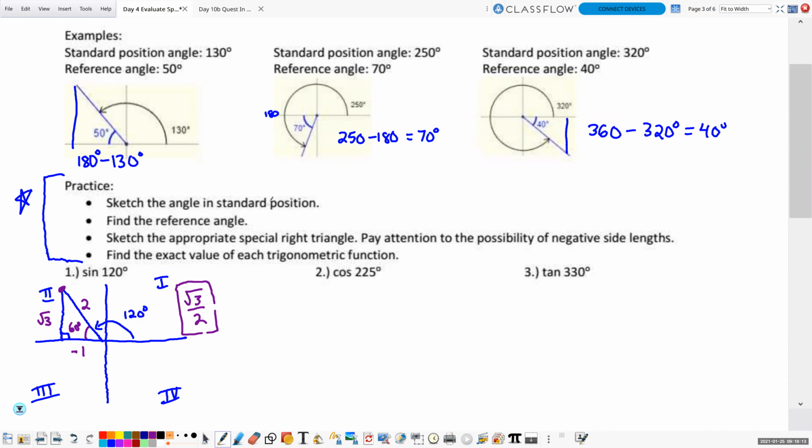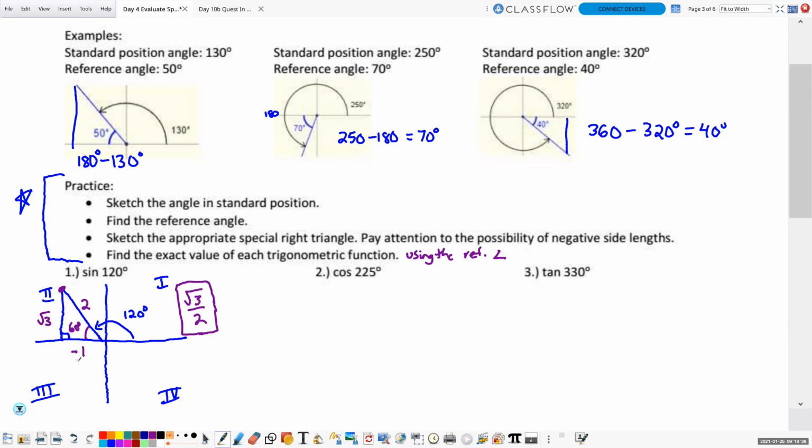Step 1, sketch the angle in standard position. Step 2, find the reference angle. Step 3, draw the triangle, paying attention to negative sides. Last step, find the exact value of the trig function. And if you need to add here using the reference angle, you should add that, because some people want to use the one up here.